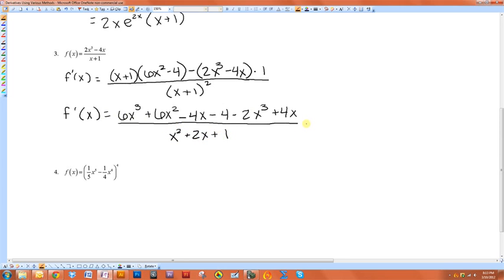Now let's combine our like terms in the numerator. Let's do it over here. Oops. Sorry. Should be 4x cubed plus 6x squared minus 4, all over x squared plus 2x plus 1.